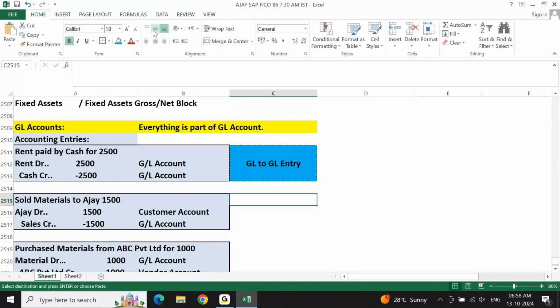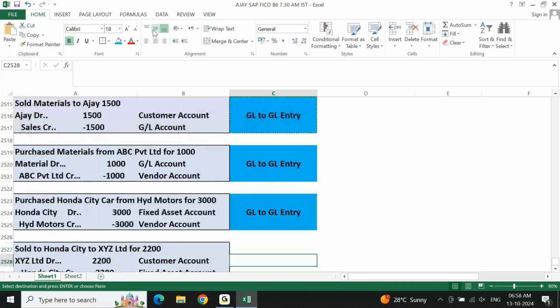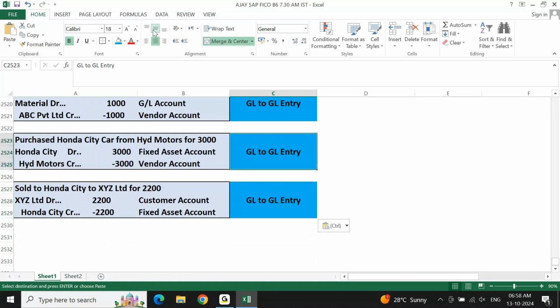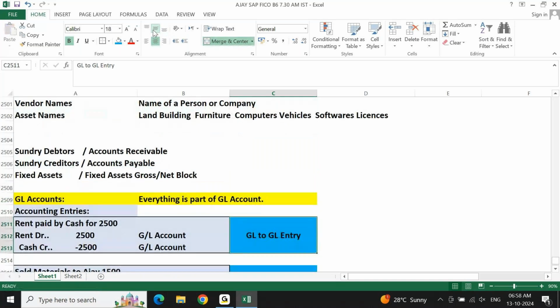Yes, sir. This is a GL to GL entry. Why GL to GL entry? Because debit and credit both are GL accounts.